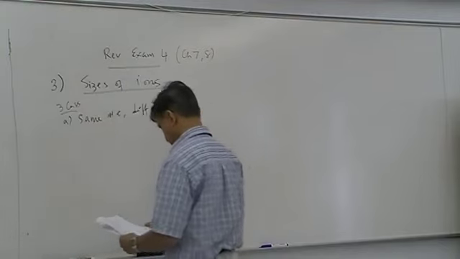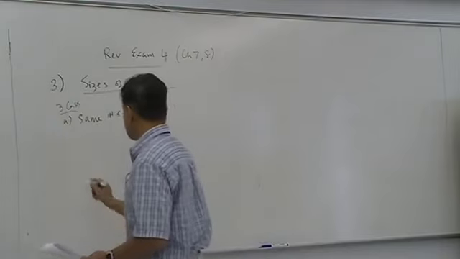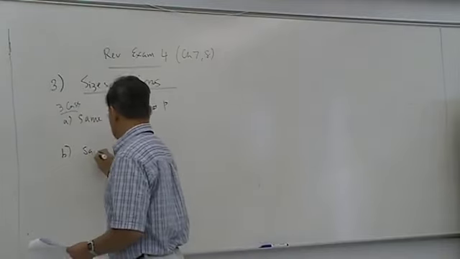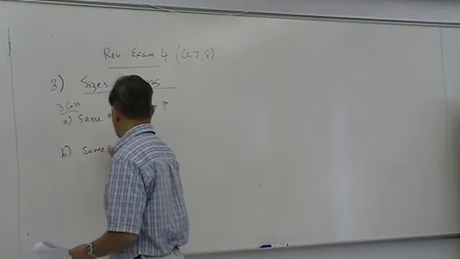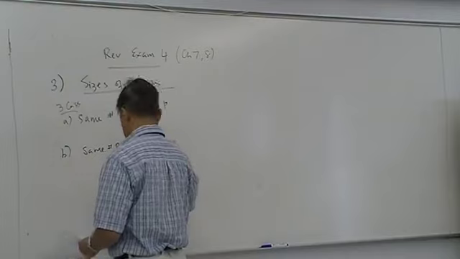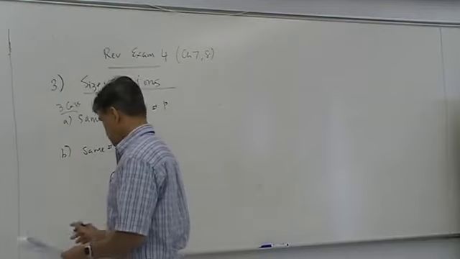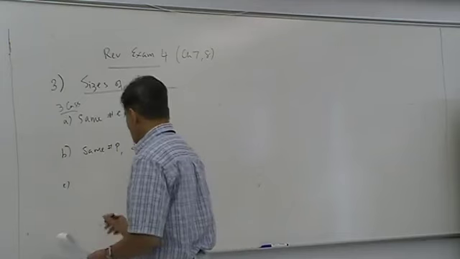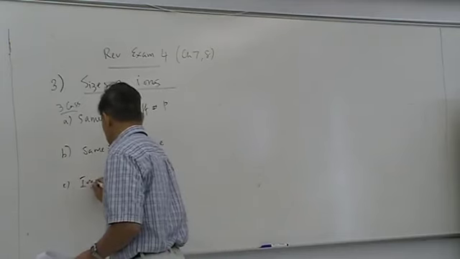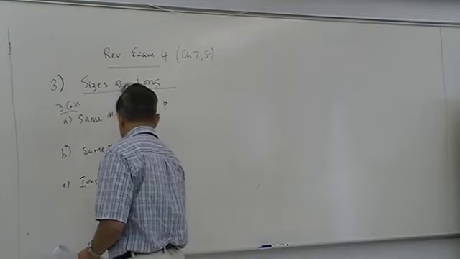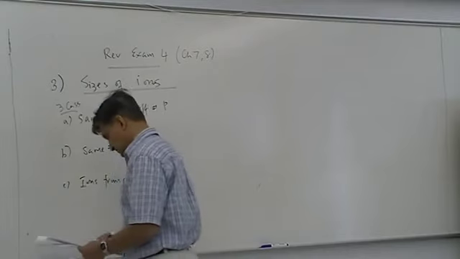Case B, same number of protons, different number of electrons. Case C, ions from the same group of the periodic table.